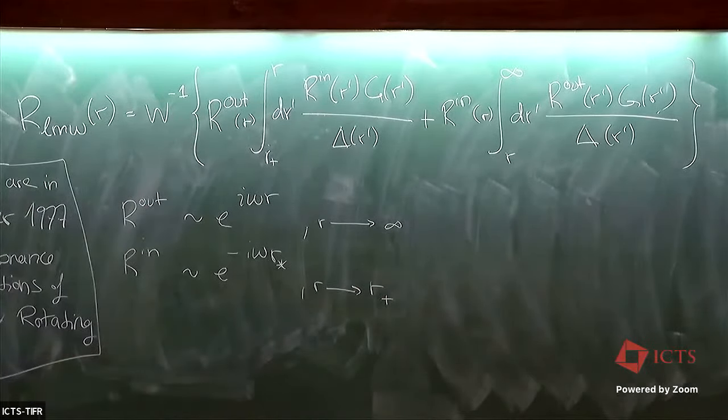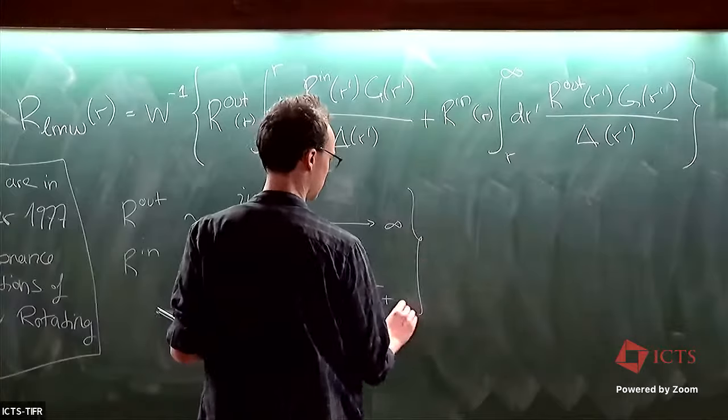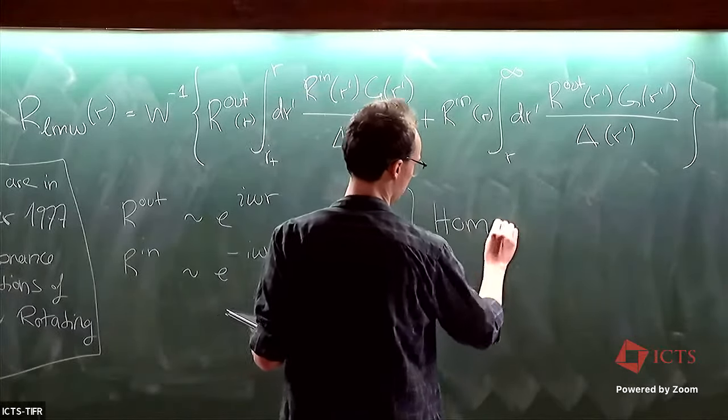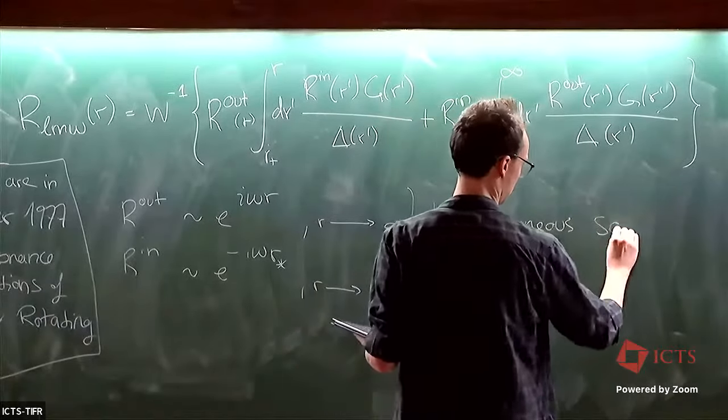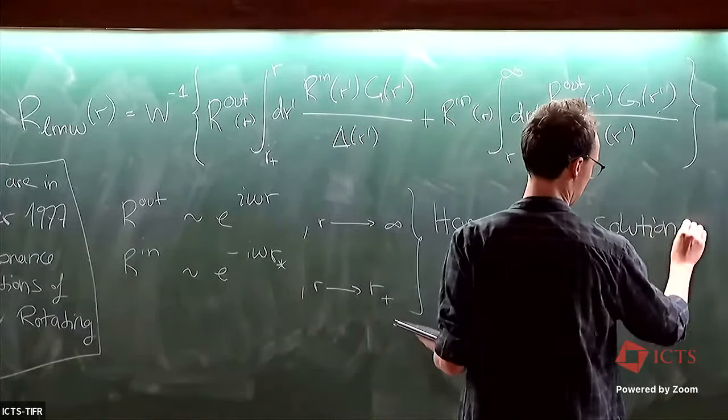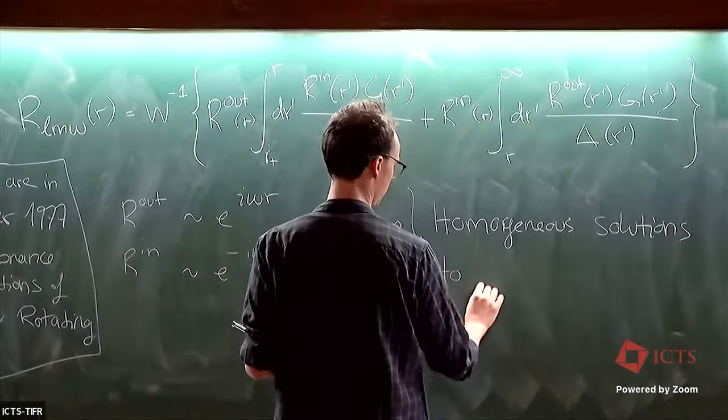Okay? And so these are homogeneous solutions to the radial Teukolsky equation.